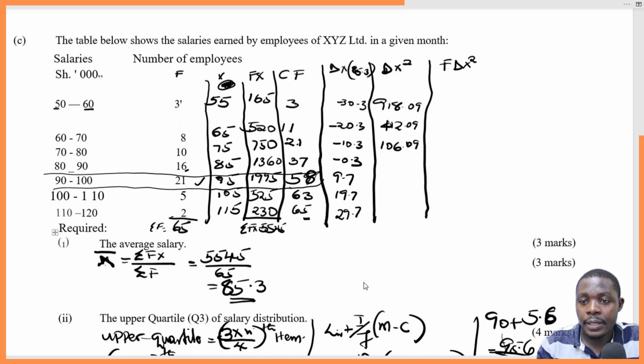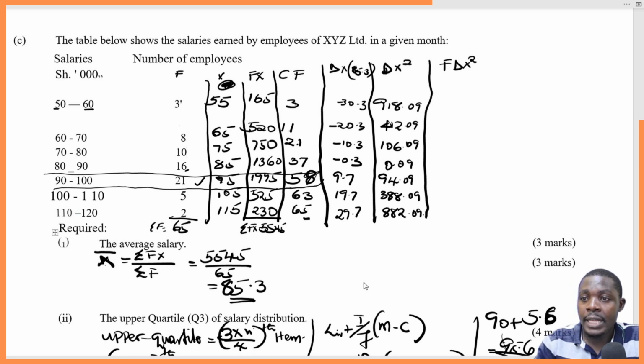Then 0.3 squared is 0.09. Then 9.7 squared gives 94.09. Then 19.7 squared is 388.09. Then lastly 29.7 squared gives 882.09.